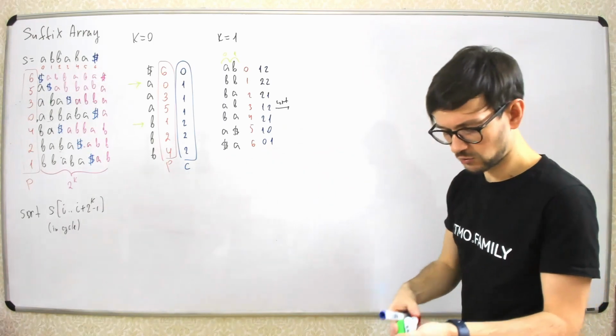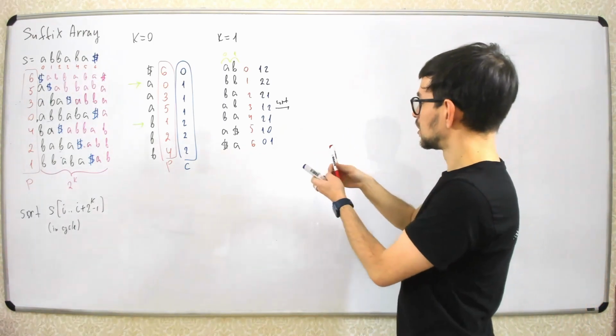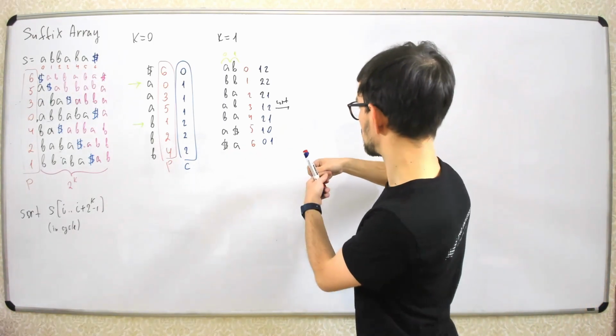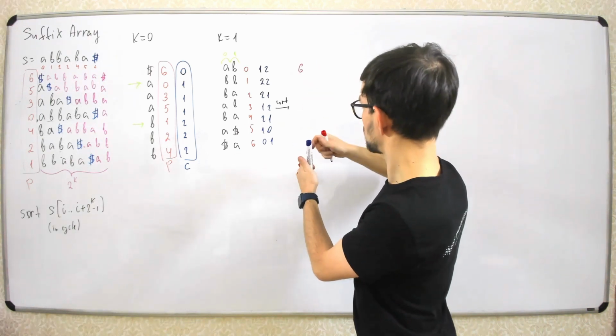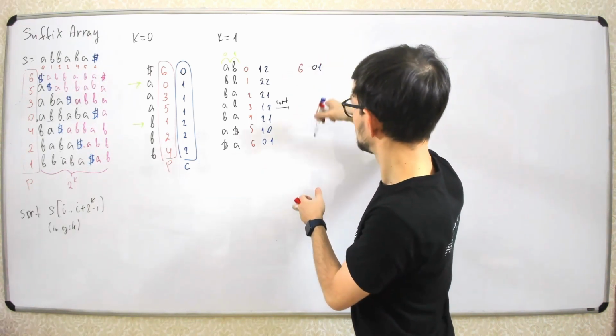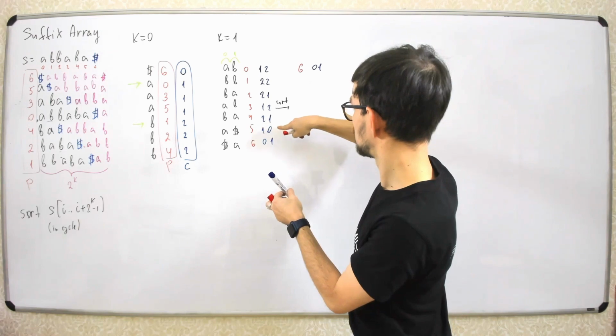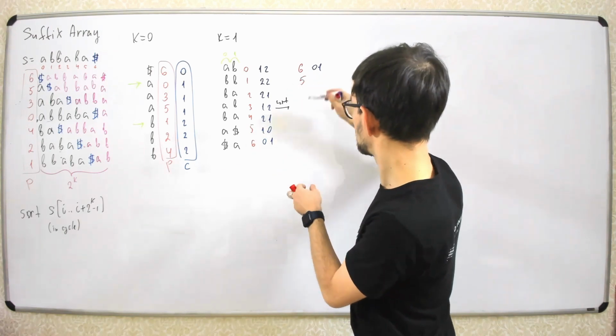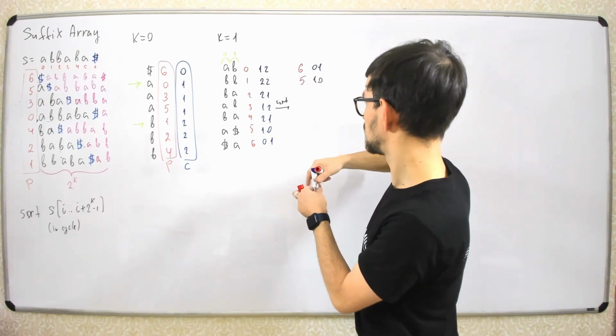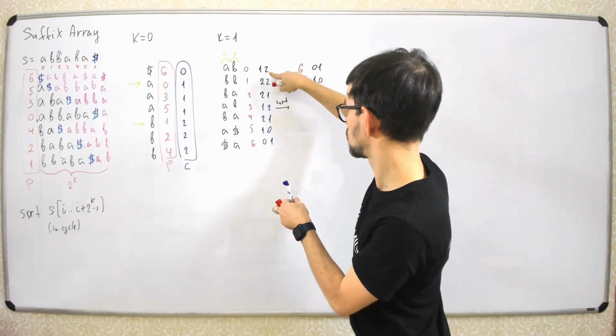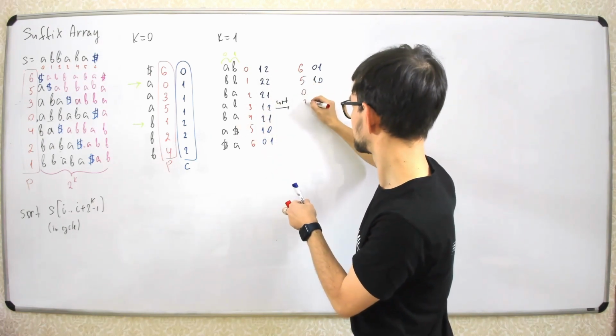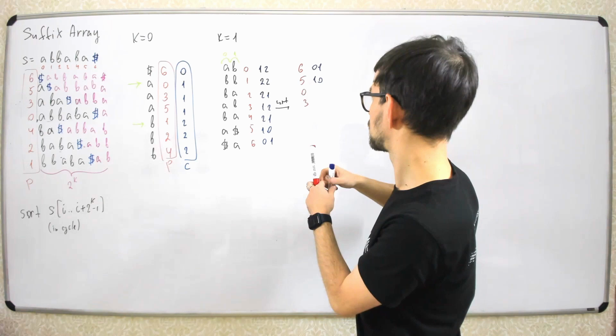If you sort this array, what do you get? First you get 0, 1. So in position 6, you have 0, 1. In position 5, you have 1, 0. Now in positions 0 and 3, you have 1, 2.